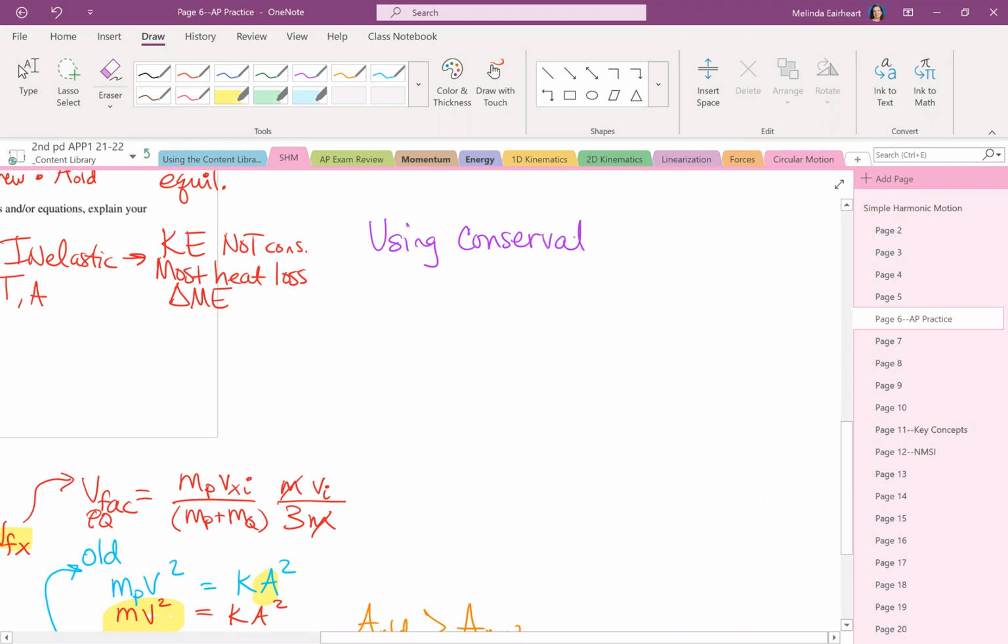And so using conservation, and I would refrain from abbreviating words. I know I do that a lot, and I show arrows for increase, decrease. On the AP exam, try your best to use words. Don't abbreviate, okay? Using conservation of momentum, because usually I say COMO to myself.